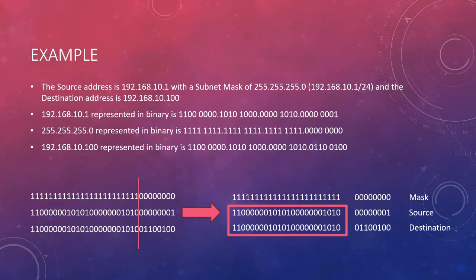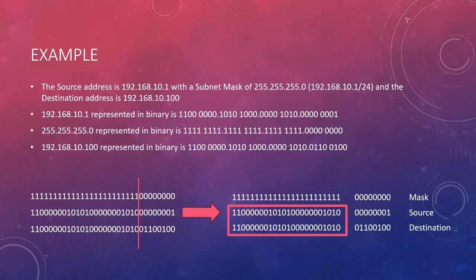No router is needed to get it from point A to point B. That's the whole point of a subnet mask: networks can be divided at different places. It's a little bit confusing, but this is what a subnet mask is telling you.